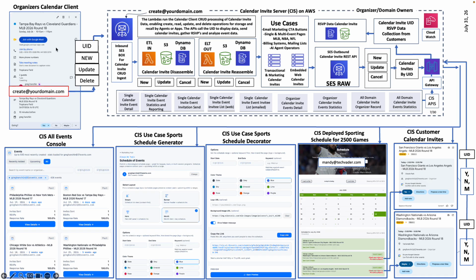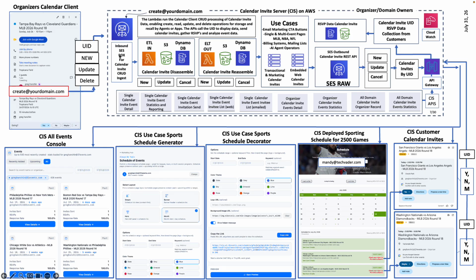So the data off the organizer's calendar client for that event is auto fed into the SES layer via a box infrastructure that is hooked to SES and S3.